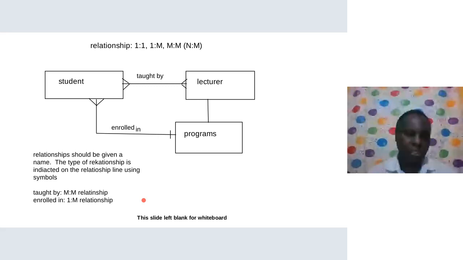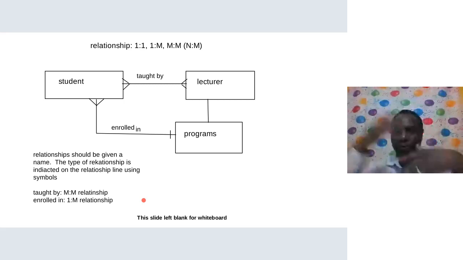The enrolled in relationship is a one to many: one program can have many students, but usually one student does one program at a time. So at one particular moment, it will be a one to many. But of course, the student can keep doing other programs with time. You finish one, do another one, but at one specific time, it is one.